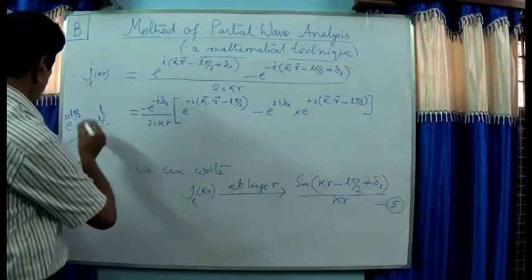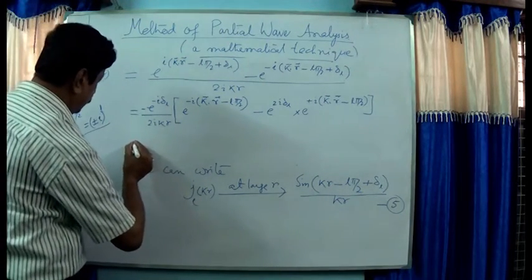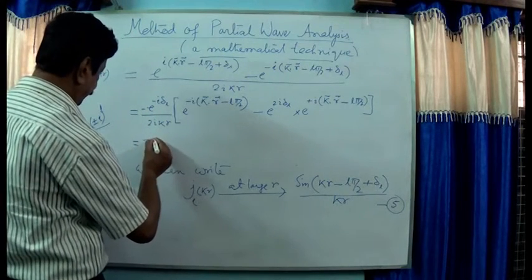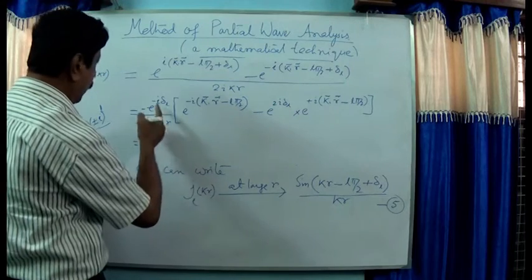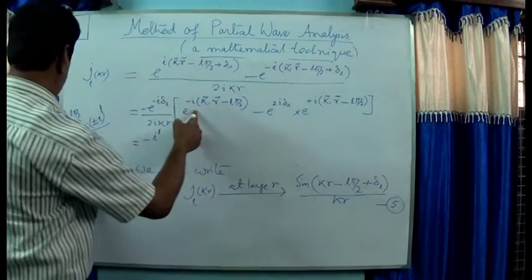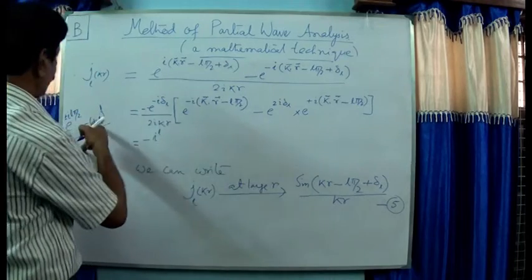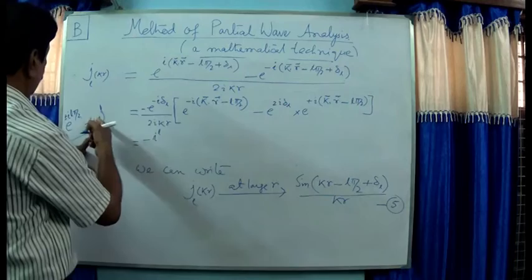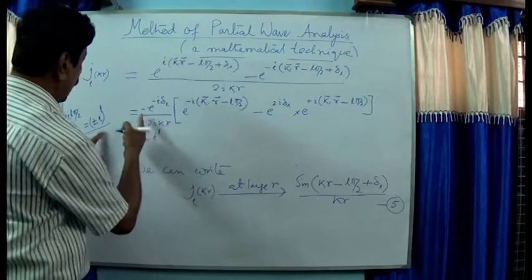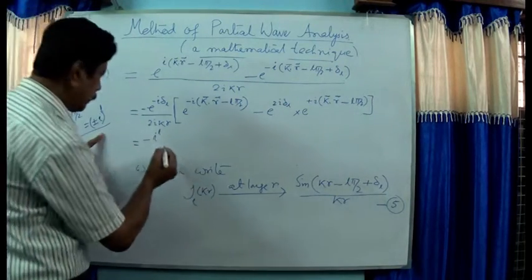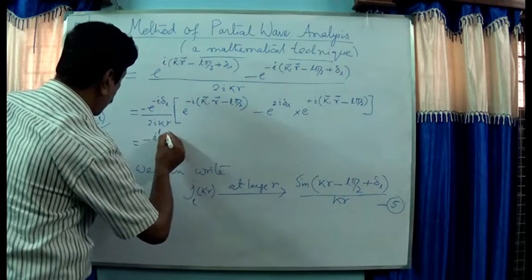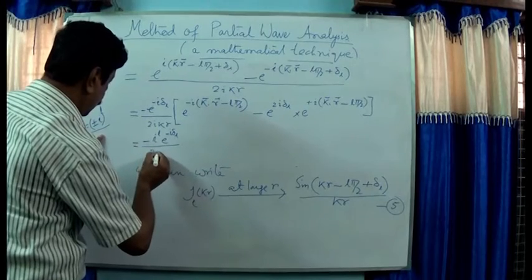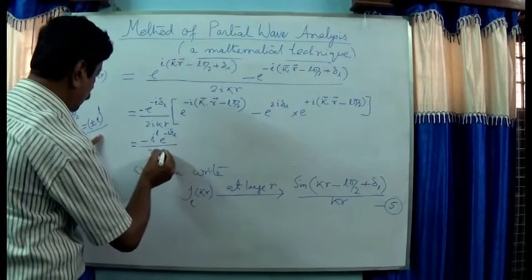So introducing this, we can write it again in the form minus i to the power L from this part, because e to the power plus iLπ/2 means only plus i to the power L. A minus sign was initially there. e to the power minus iδL by 2i kr as it was, no change.